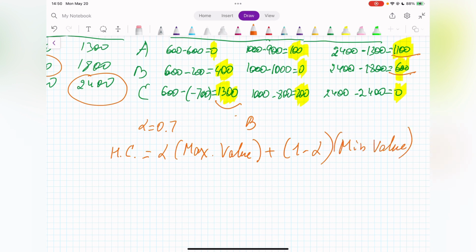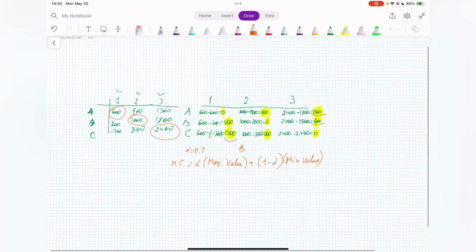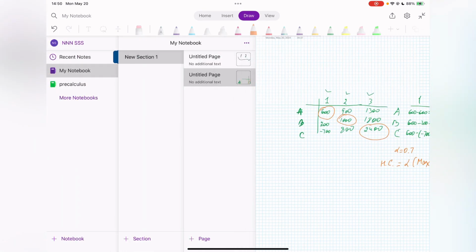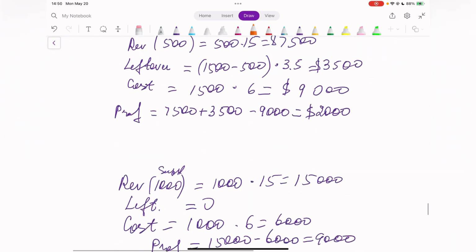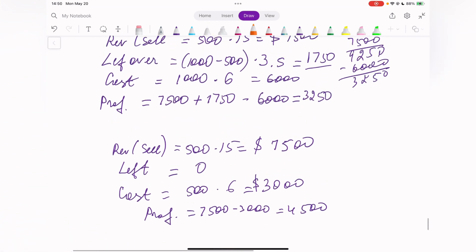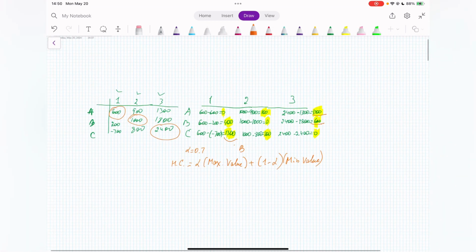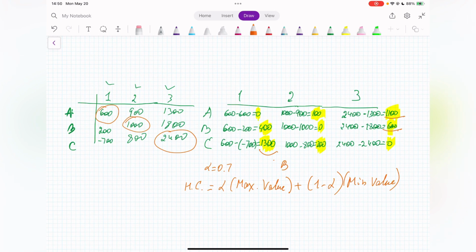Okay, so we need to use our table. Let me see if my table, where is it? No, I need to write it all over again. Oh, this is my table, 600, 900.